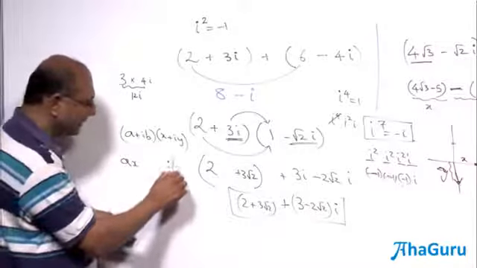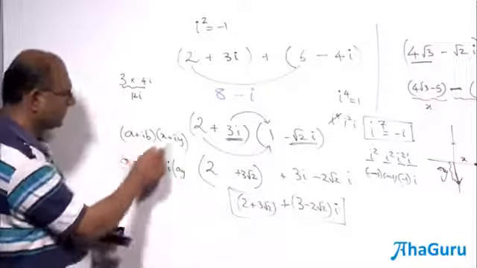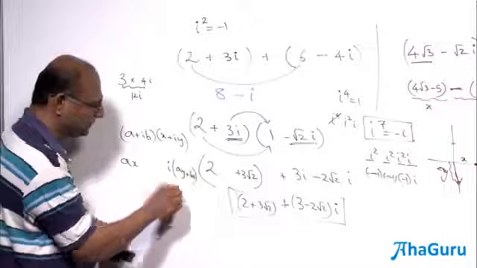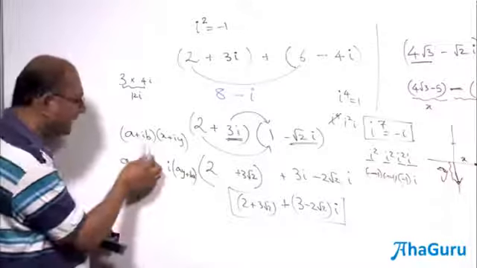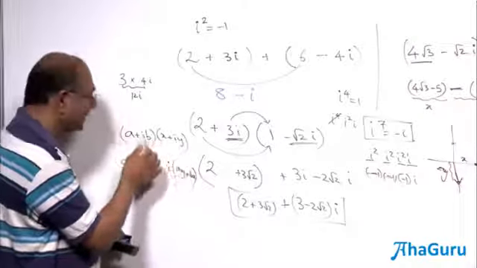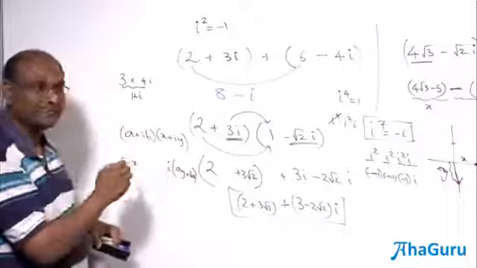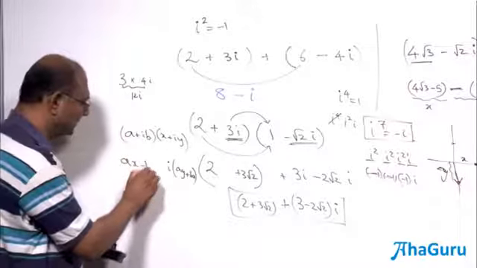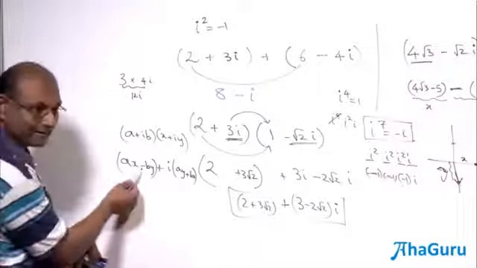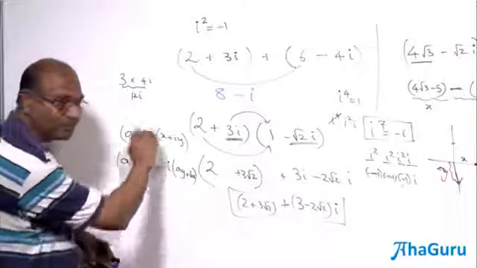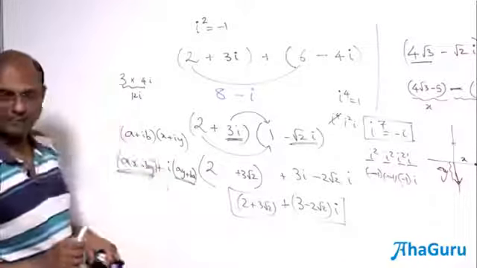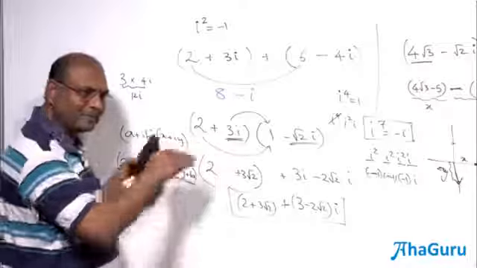So i times ay, i times bx, so plus bx. And then i times b times i times y, so by times i square, which is minus by. So minus by. Notice there is a minus here. Where did that minus come from? i square. So that is the real part and this is the imaginary part. Okay, but don't remember it, just do it.